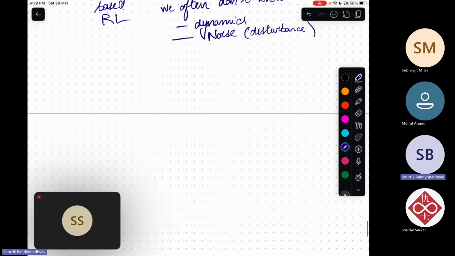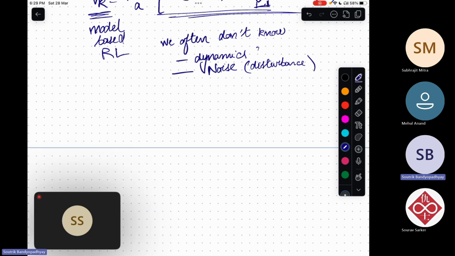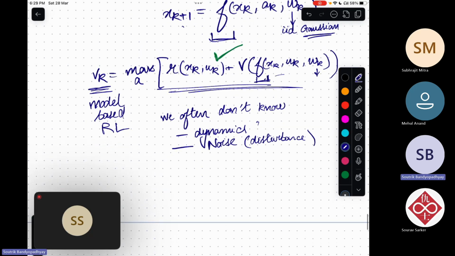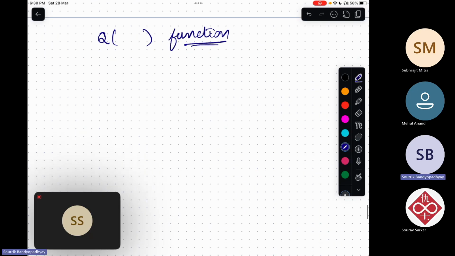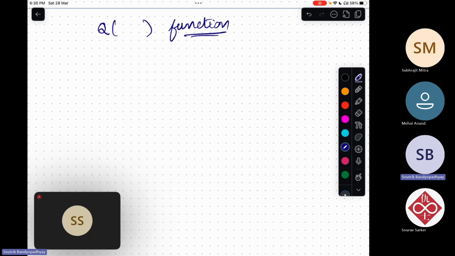But when we don't know the dynamics or the noise, this becomes impossible. So herein lies a new formulation which is called the Q function. Let me introduce this Q function, and I will take a few questions and then we would proceed to the live code examples.